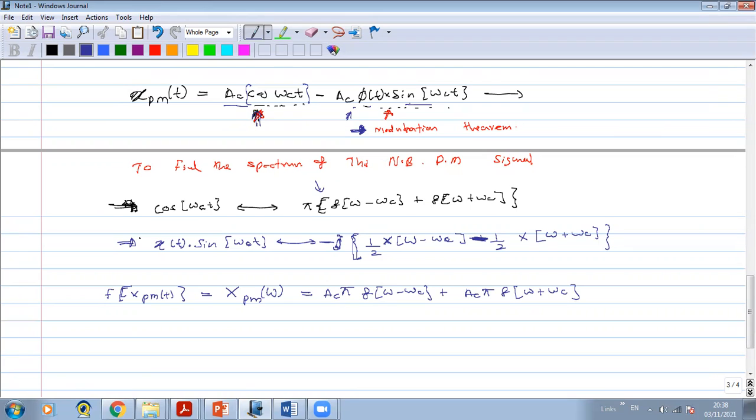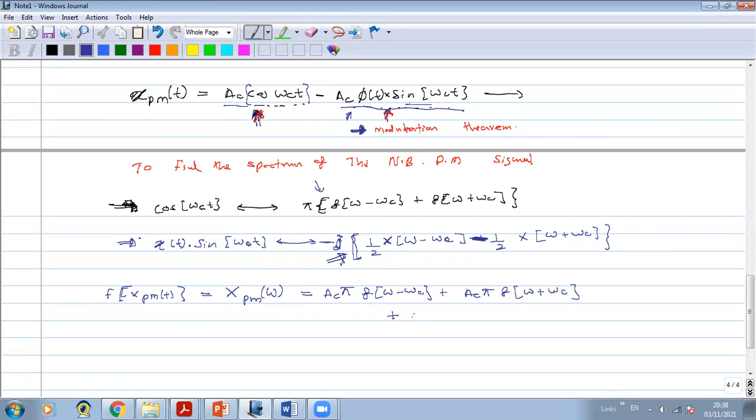Then we can write the Fourier transform of this term using the modulation theorem. So it will become minus j half. Here the minus is also there, so minus minus will be plus.